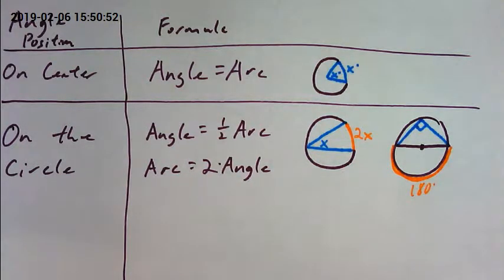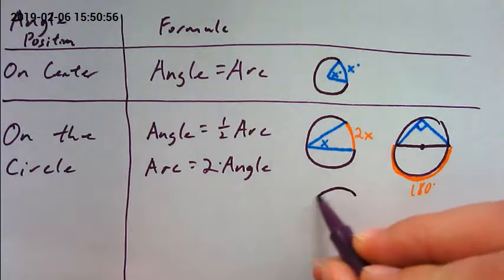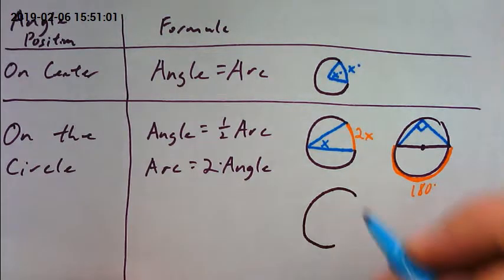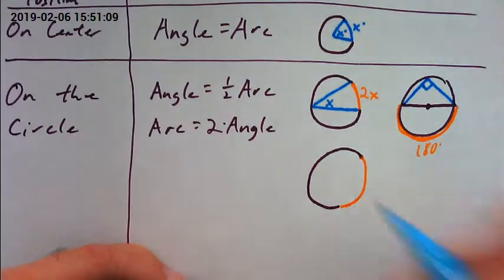All right, one other way that you could view this is that if you had a circle, and I'm going to draw the angle a little bit different this time. Let me draw the arc as well. Here's the arc.